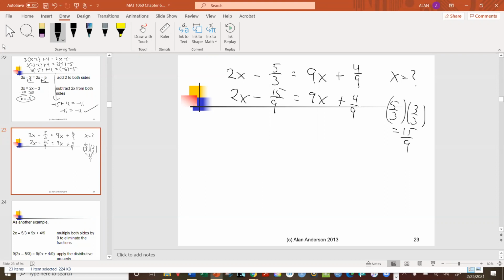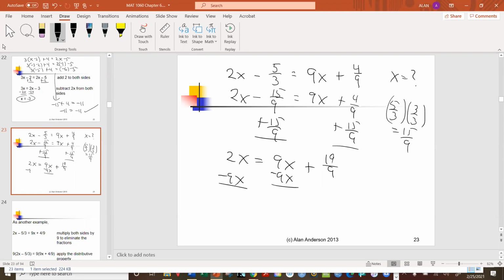All right, so now of course you're all probably approaching it slightly differently. So I'm going to add 15/9 to both sides. And then if I'm going to do that, I'll have to subtract 9x from both sides. Now I'm going to have to divide both sides by -7.